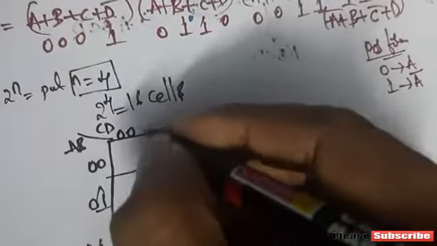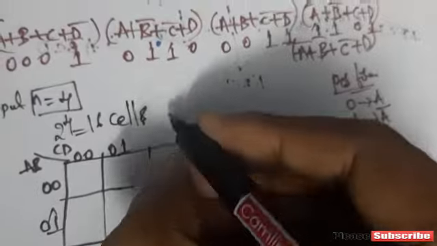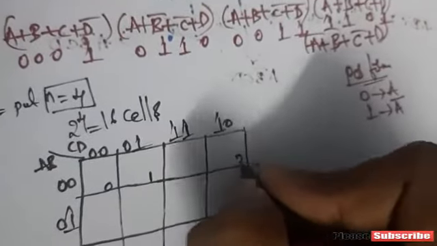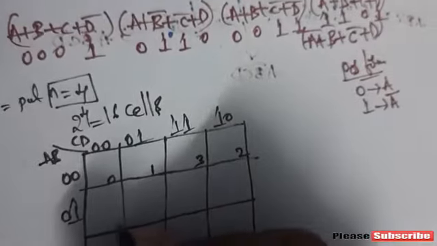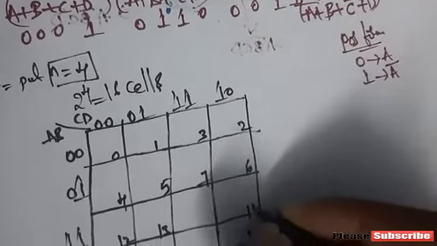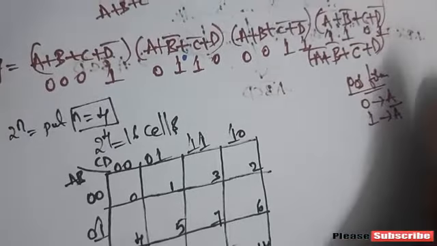This will be the 0 0 0 1 Gray code representation, right? Gray code sequence. Cells 0, 1, 2, 3, 4, 5, 6, 7, 8, 9, 10, 11, 12, 13, 14, 15.